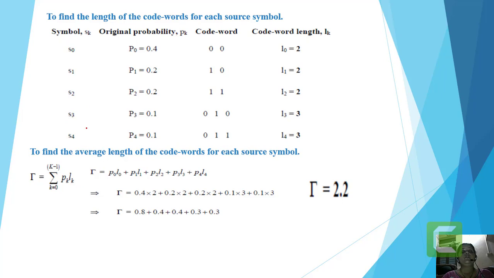Here we have 5 symbols, so k varies from 0 to 4. So this equation has been expanded. Corresponding probability and length values are put in for each of the symbols from the given table, and we are able to calculate the value of rho as 2.2 bits.